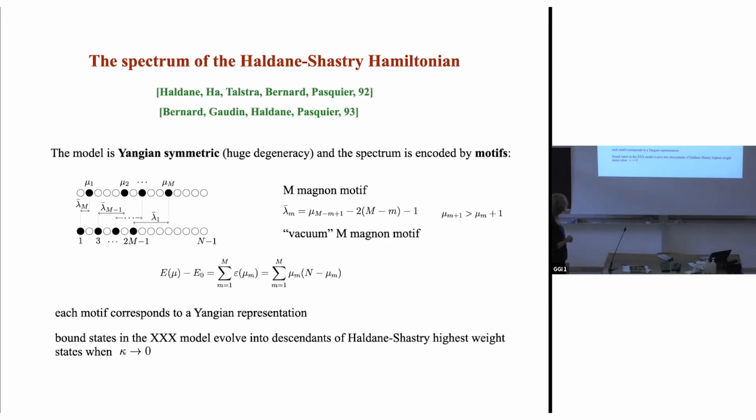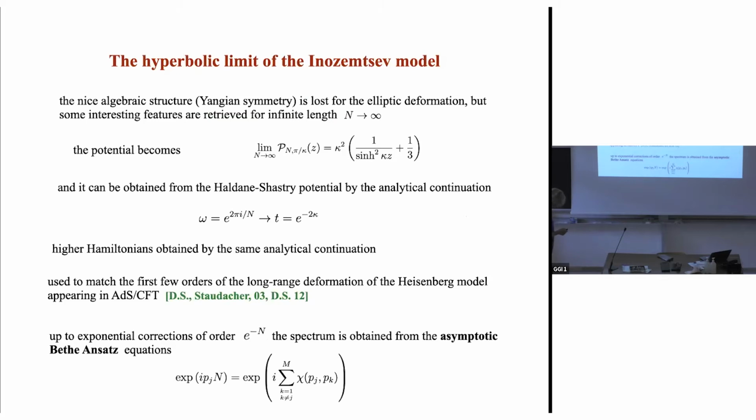So it is interesting to see how to relate these energies, or the motifs, to the solutions of the Bethe equations for the XXX model. This can be done through the passage through the Inozemtsev model.